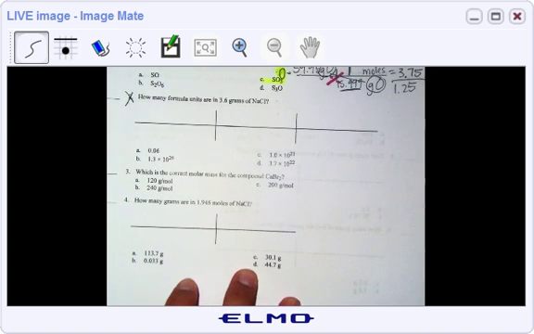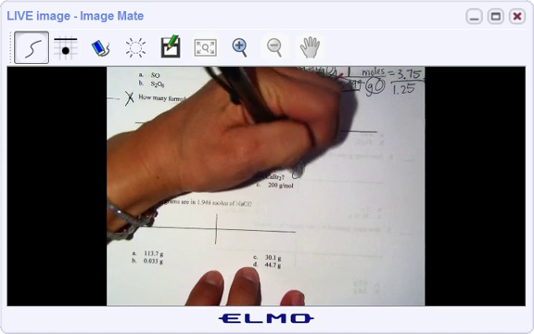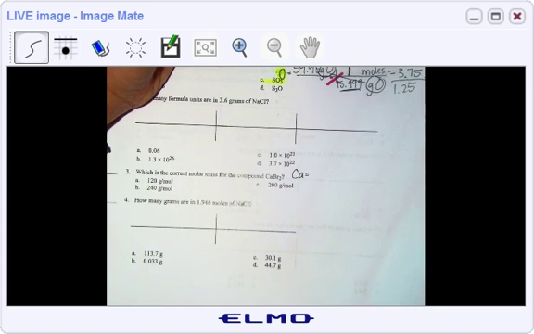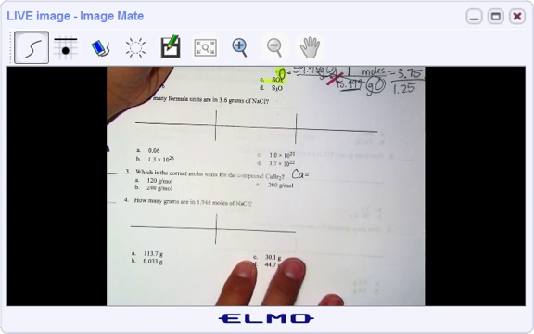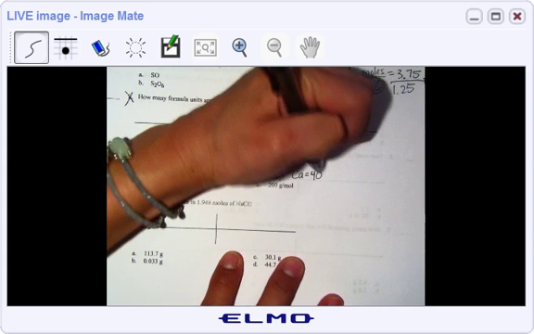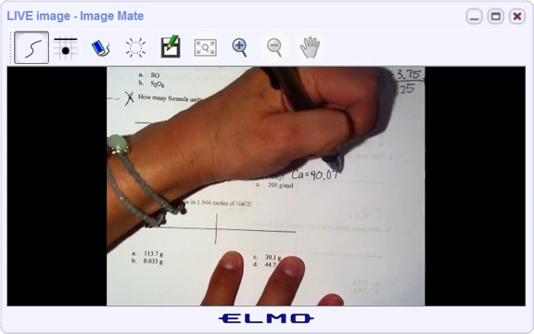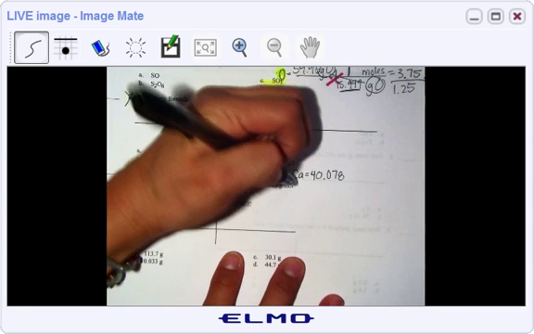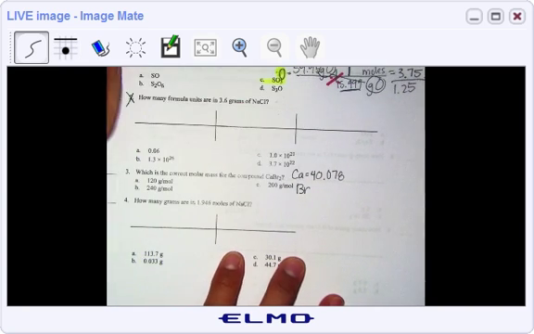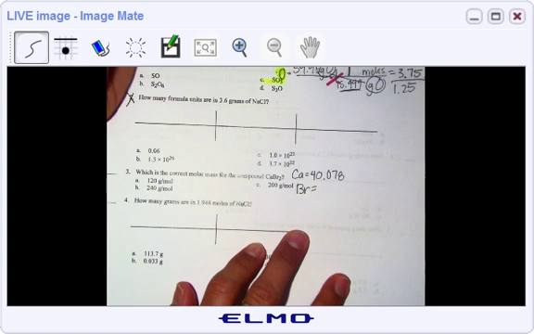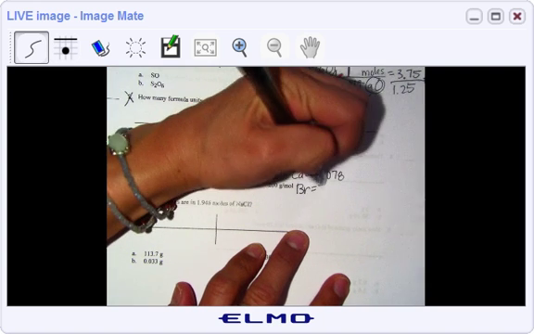Which is the correct molar mass? Calculate the molar mass for the compound. So here, all we are doing is adding. Okay, we're adding up for total mass. So calcium weighs 40.078, and bromine weighs 79.904.